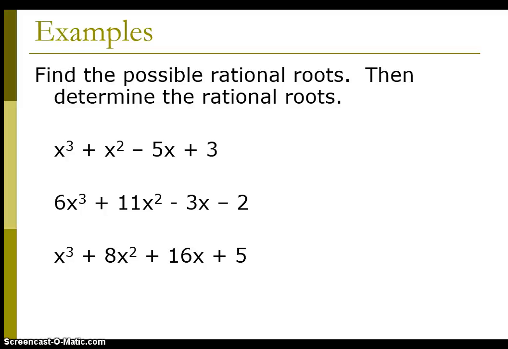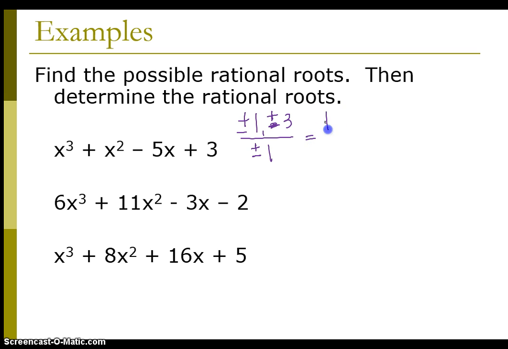So possible, for this first one, I'm going to do factors of my constant. So numbers that multiply to 3 are positive, negative 1, positive, and negative 3, divided by factors of my leading coefficient, which is just 1. So that's positive and negative 1.